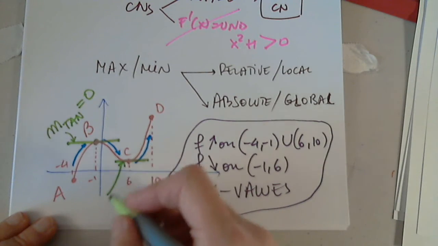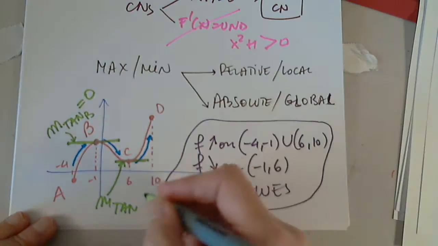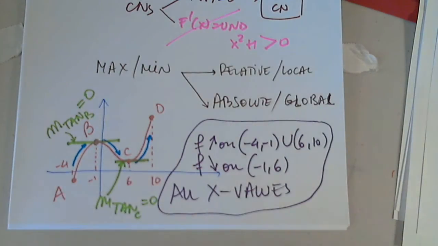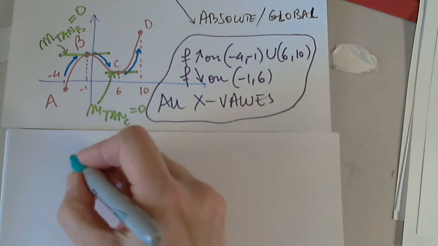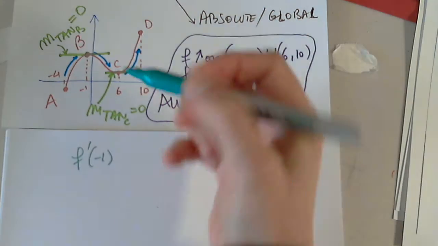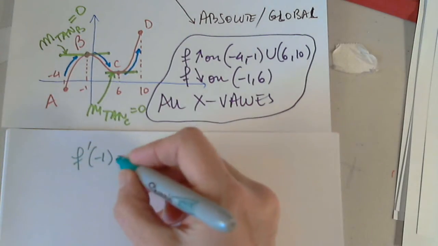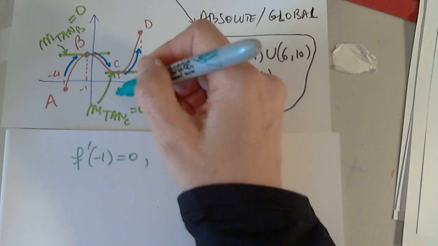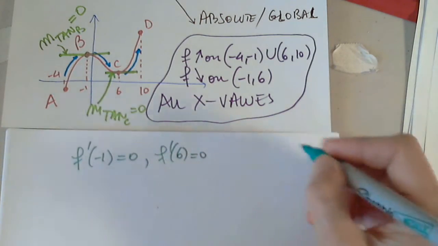Also, the slope of this tangent, I'm going to put this here at B, so we know, and here at C is also 0. But now we know what that means. It automatically means that f prime of -1 is 0, as well as f prime of 6 is 0.